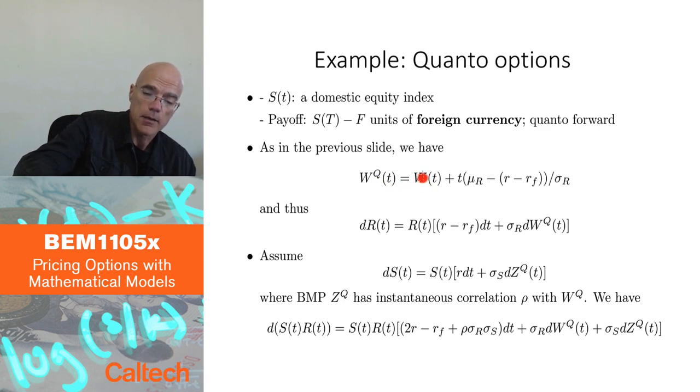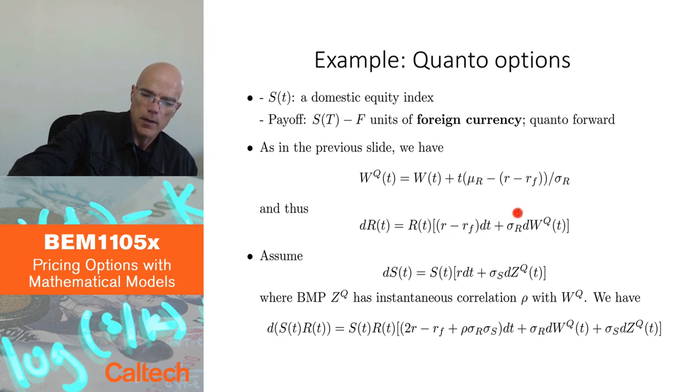If you do that, you can easily see that the volatility never changes. Instead of the drift mu_r, it's going to be replaced by r, but not only by r, it gets replaced by r minus r_f. Again, this is the same as with the dividends. In the stock dynamics, we had r minus small q. Here it's r minus r_f.